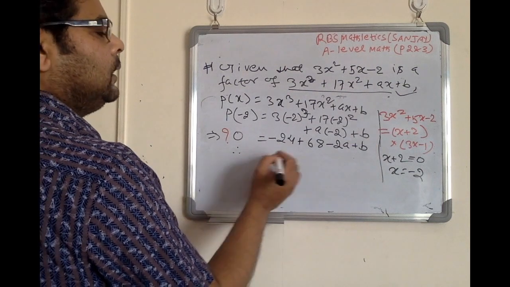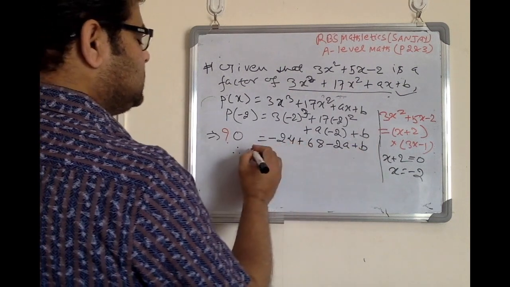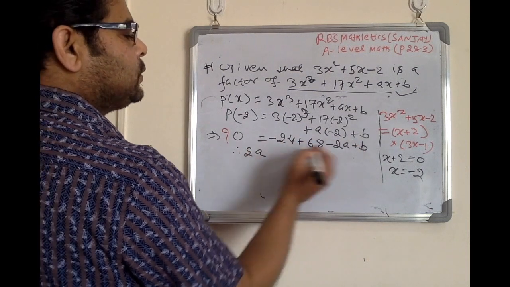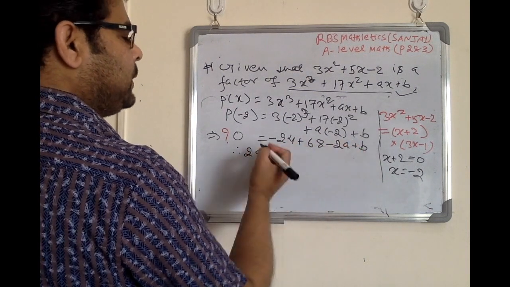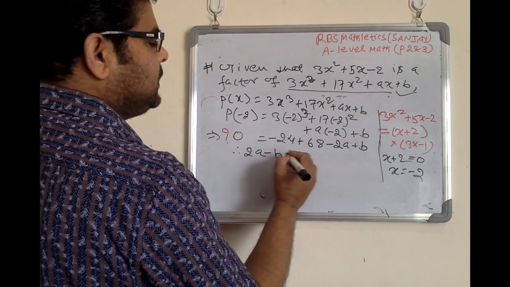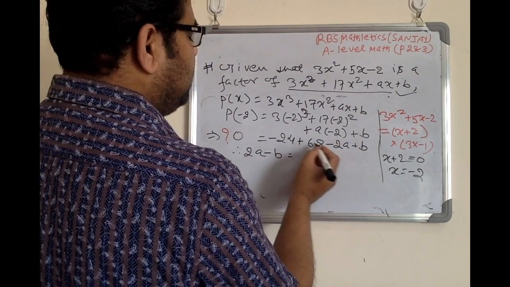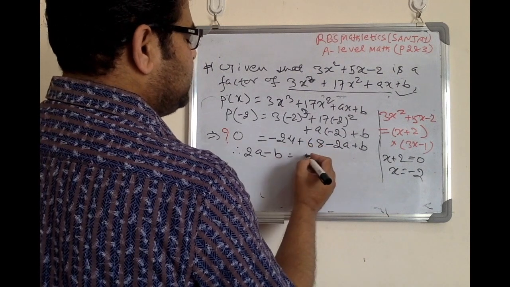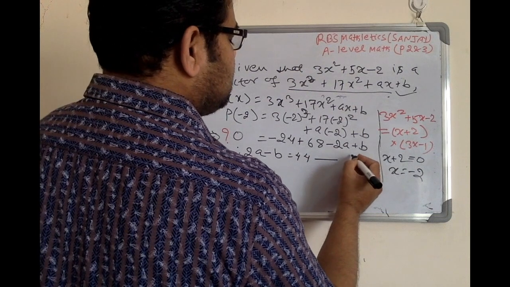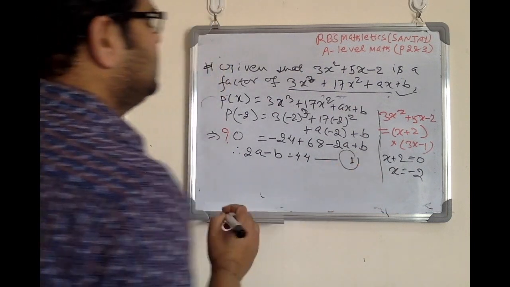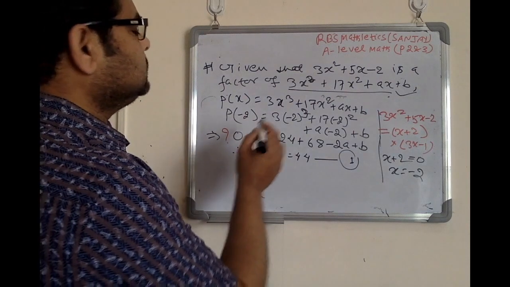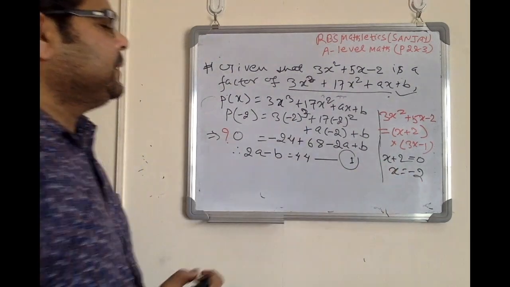Therefore, if you take this to the left side, minus 2a becomes plus 2a, and plus b becomes minus b, and 68 minus 24 is 44. So one of the equations is this. We have obtained one equation based on the value x equal to minus 2.